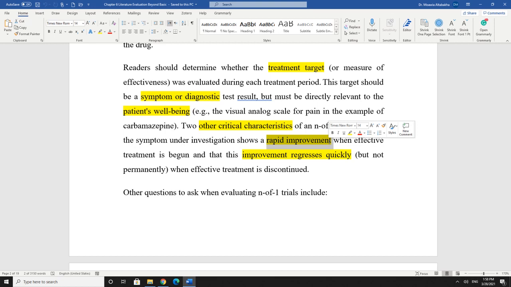And then when I give the other, maybe placebo, I don't know, the improvement regresses quickly, meaning the situation becomes worse, of course, but not permanently. Okay.